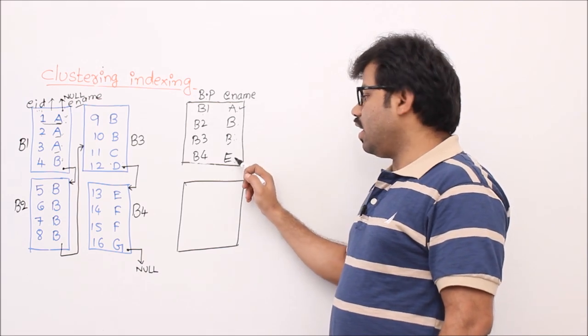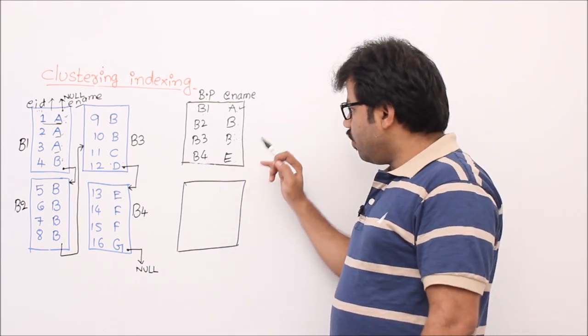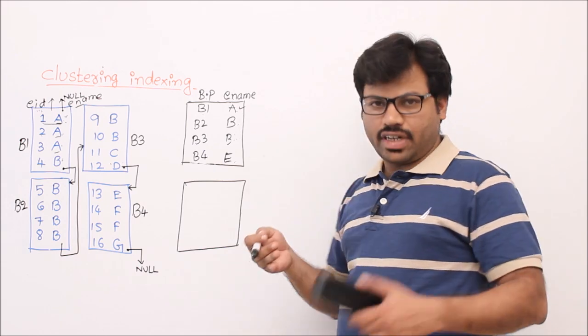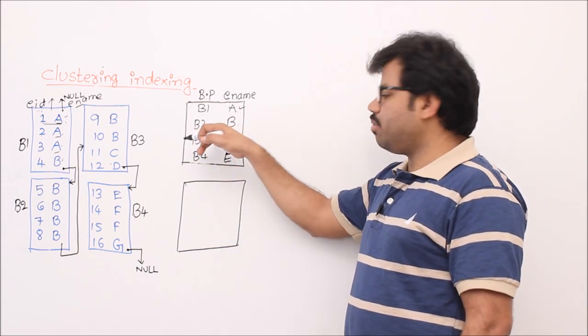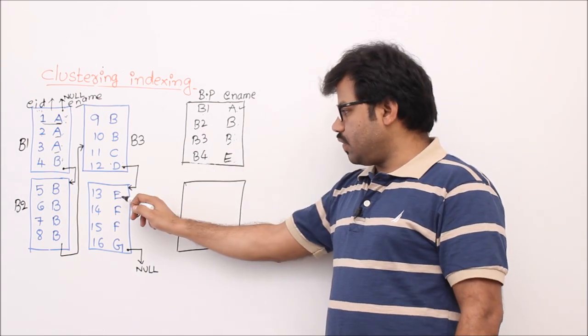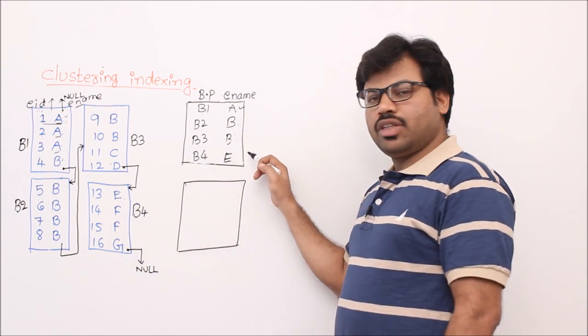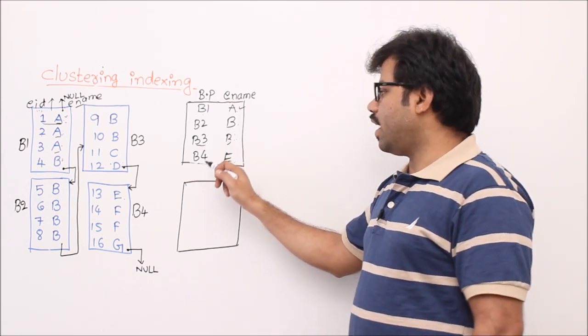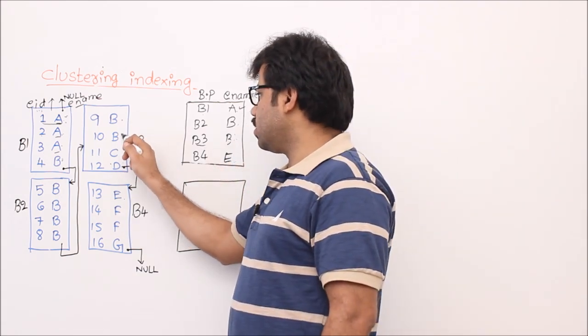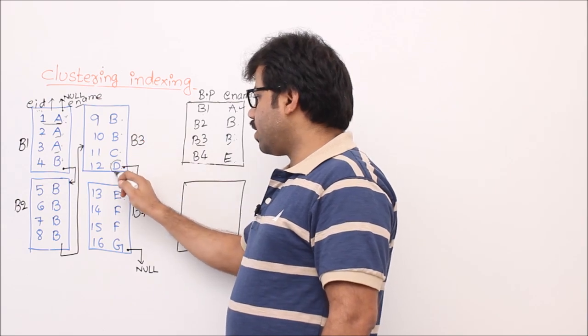Yes, come here. E is greater than D. That means we understand that D, if it exists, will be between blocks B3 and B4. That means definitely in B3. Why? Since B4 starts with E and B3 starts with B, if there is a D record, it should be in the B3 block. Then I directly go to the B3 block and I search.